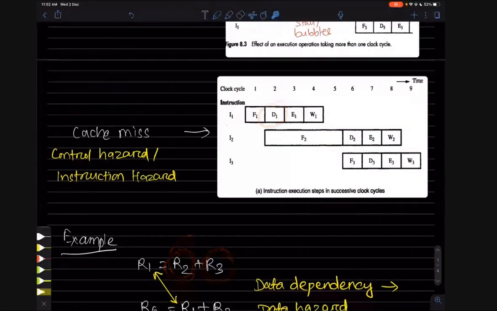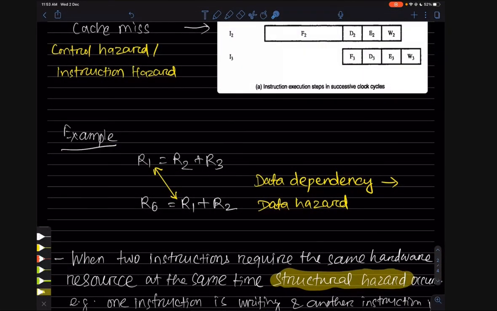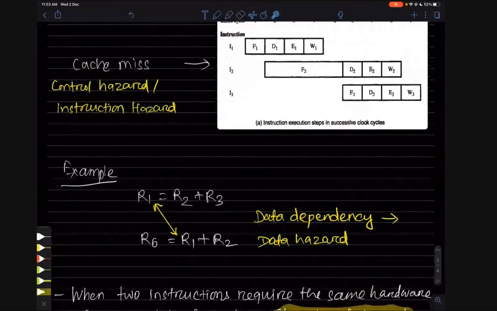So the decoder's function is two-way: it will find the operation, and also it will find the sources from which the data will come for the operation. These things are very complicated, but I am not going in depth because that will be done in your advanced computer architecture. Those things are not in this normal computer architecture. So just know how this thing works.